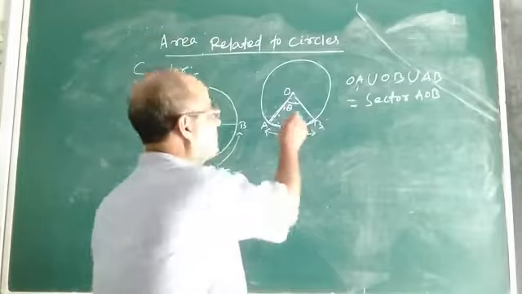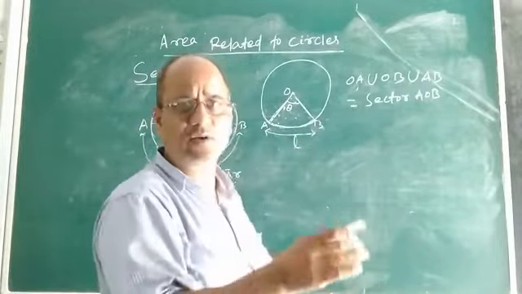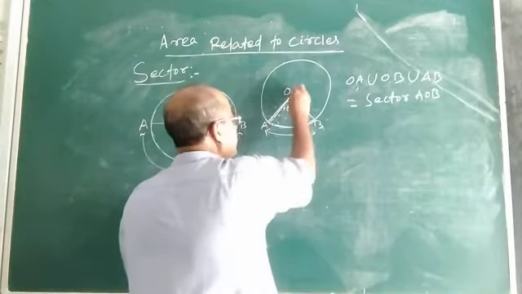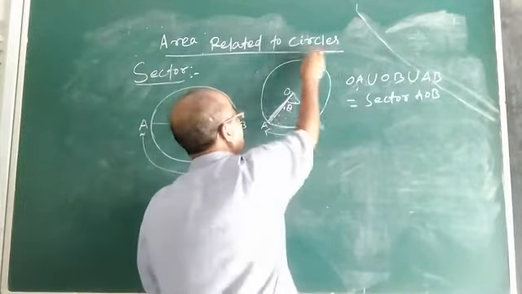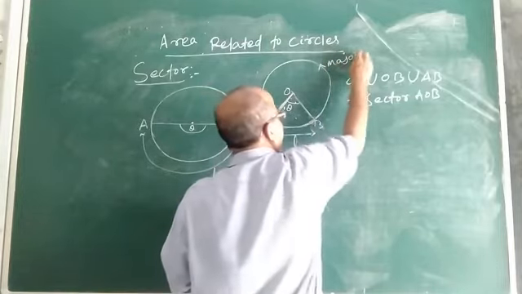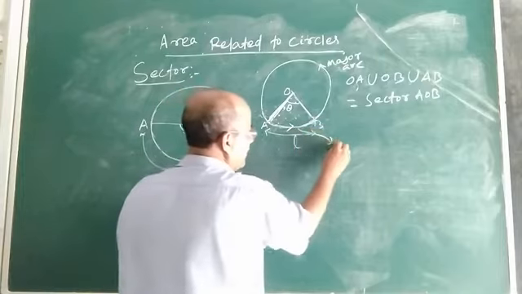The region enclosed between them is known as your sector. Now clearly, if a sector is a part of the circle and it is the union of two radii and one arc, then see children, if these two are radii, then this is also an arc. This is the major arc, and this part is the minor arc.